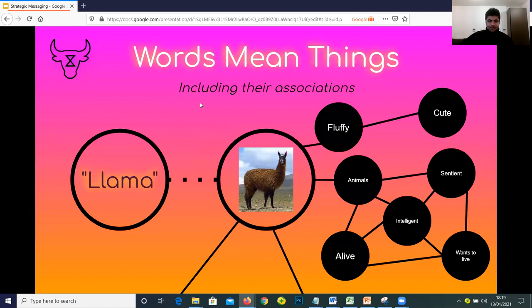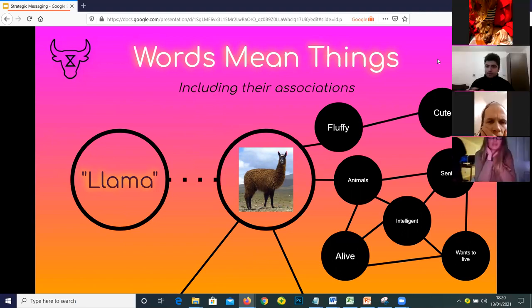Words mean things, including their associations. This is probably the most important element of words: when we are presented with a word or a set of words, our brain, depending on our frame, will trigger and create loads of associations based on what's in our frame or context.